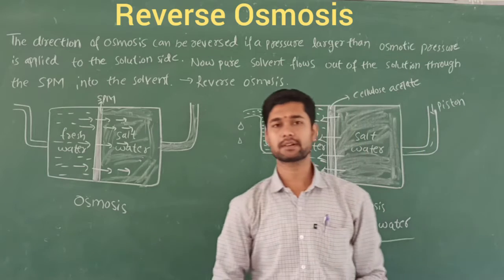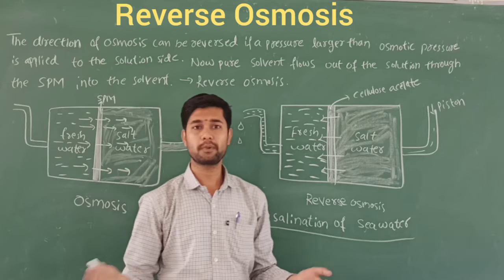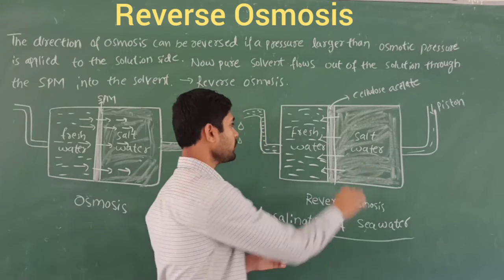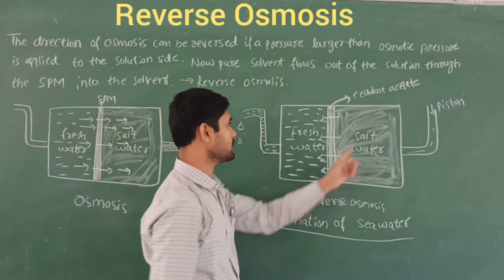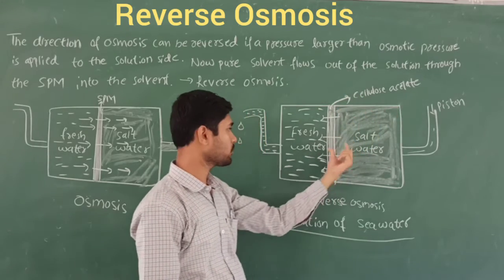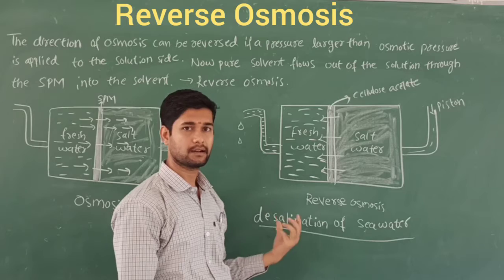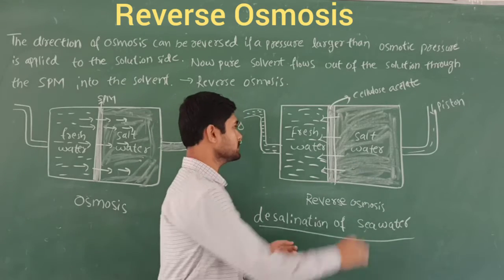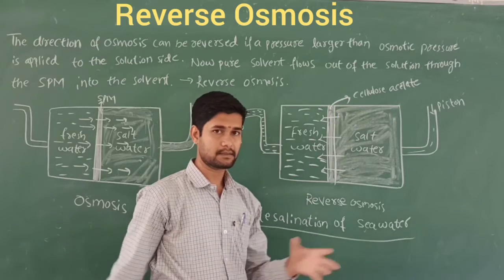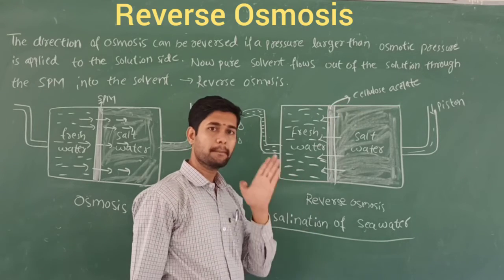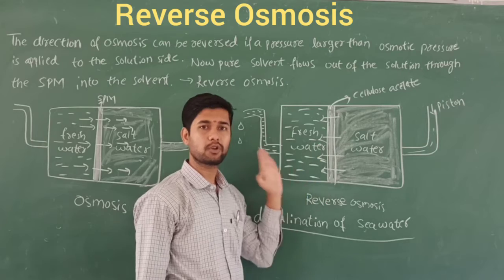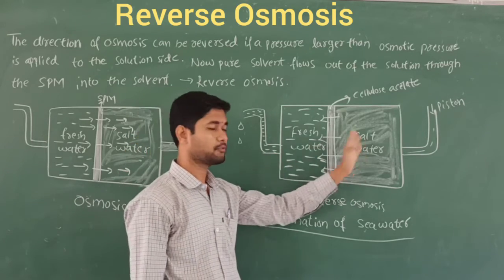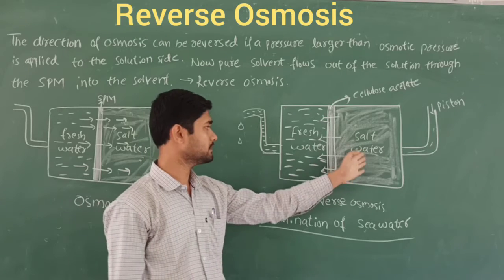You know that seawater contains many impurities, many ions. Here this is called a semi-permeable membrane. Its name is cellulose acetate, and it is mainly used for the purification of drinking water. This cellulose acetate acts as a semi-permeable membrane, which is permeable only to the water molecules of the seawater and impermeable to the impurities or ions present in the salt water.